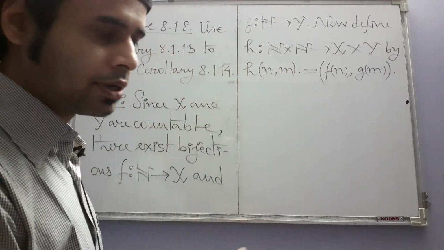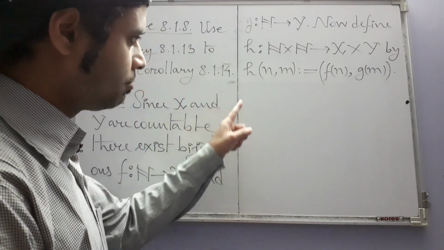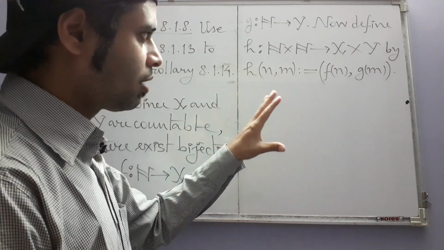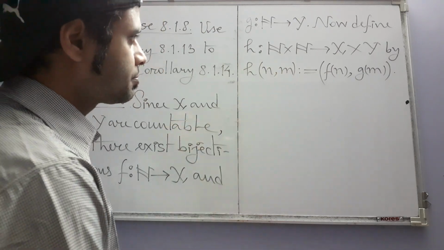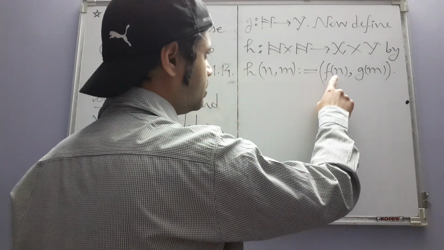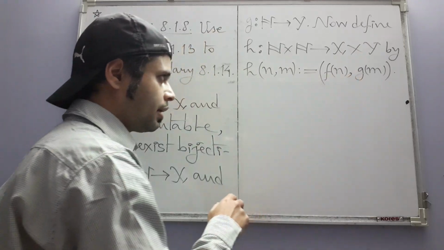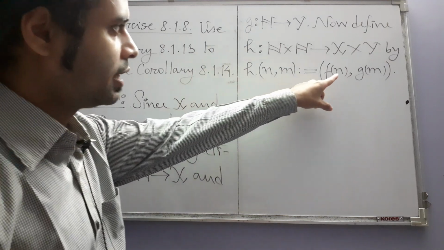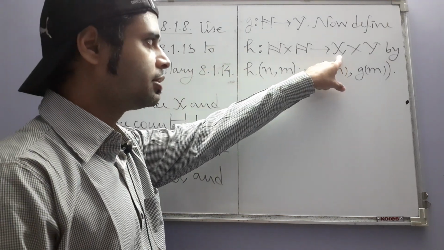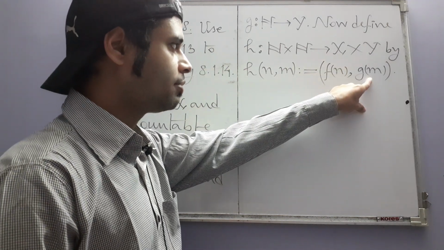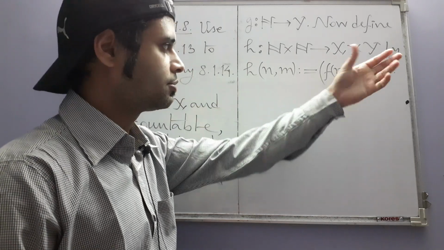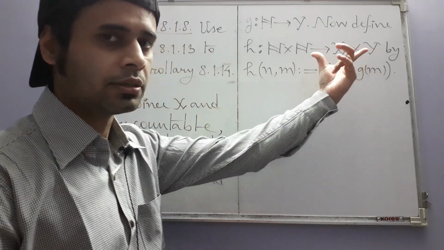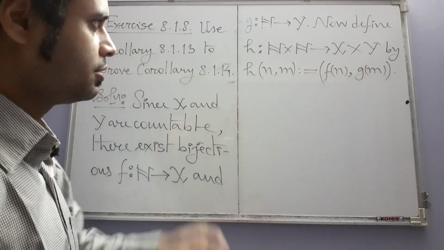If an ordered pair is given, then it has only one first coordinate and one second coordinate. So n and m are uniquely given. Then because f and g are themselves well defined functions, f of n is a unique element in x, and g of m is a unique element in y. So this is a unique ordered pair in x cross y. So that is why h is well defined.